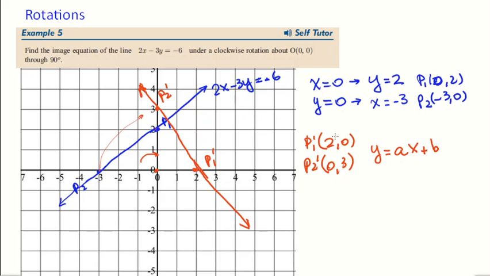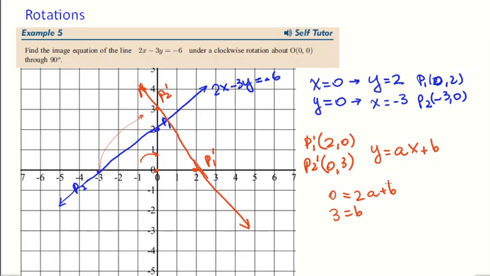If I use the first point, x is 2 and y is 0, I will get 0 equals 2a plus b. If I use the second point and substitute y equals 3 and x equals 0, I will simply get b equals 3.